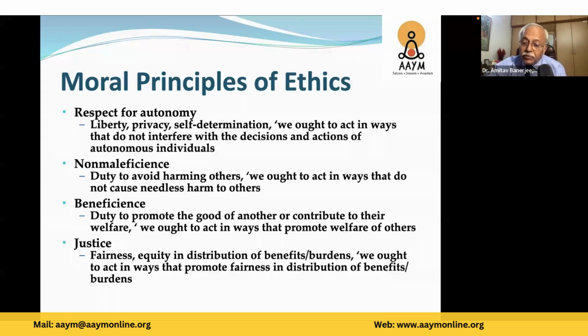Suppose during a research you find a person is suffering from a highly transmissible disease, say a sexually transmitted disease, say HIV positive. Now, if he is married, then his partner, the wife, should not be harmed. So there may be a conflict whether you have to tell the wife. Suppose you ask him and he says, no, I want it to be confidential, I don't want to disclose it to my wife.